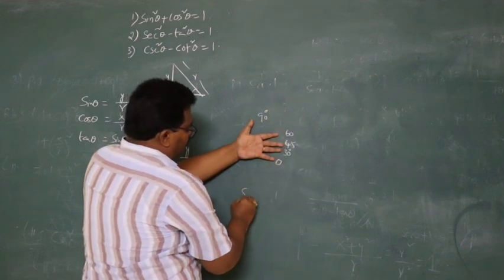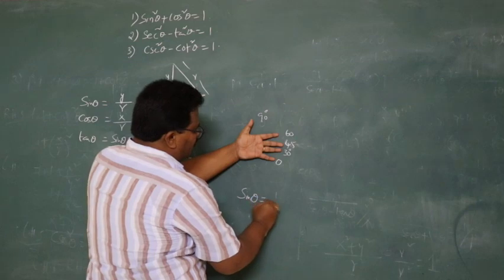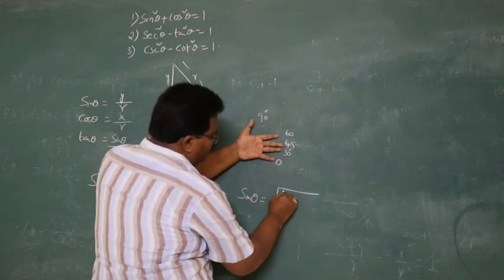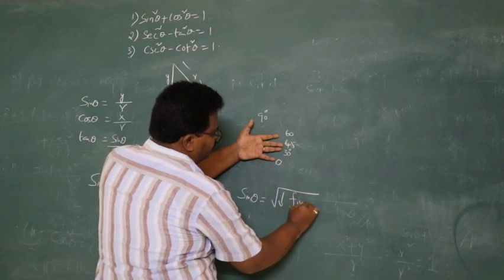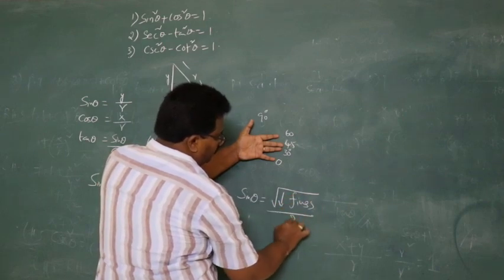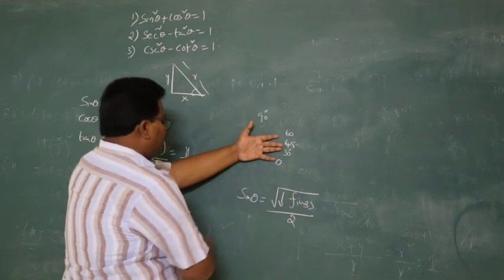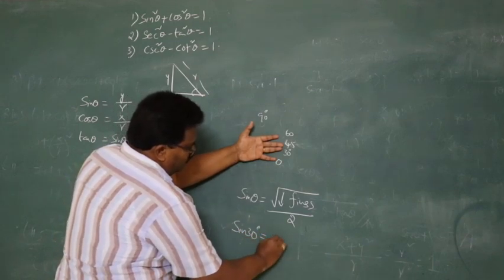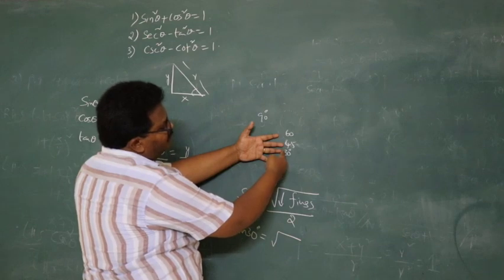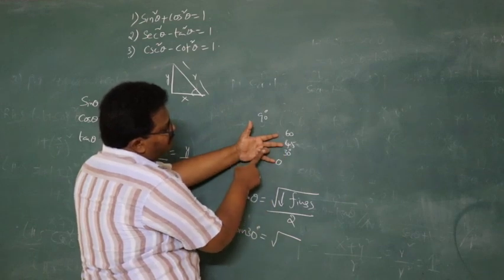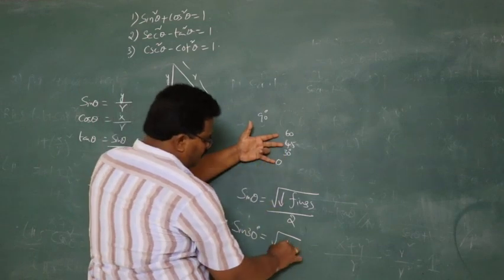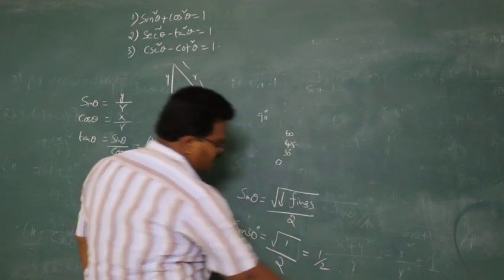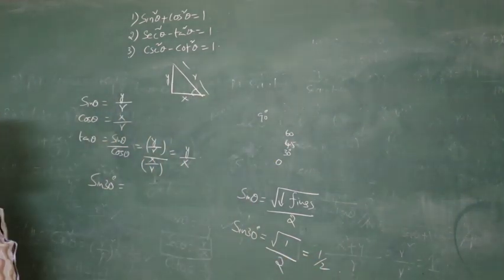For sin theta we have to apply root of the below-side fingers by 2. Now we want to find sin 30. For sin 30, we put this finger like this, the below finger count is 1, that is 1 by 2. So sin 30 is 1 by 2. We have to remember it like this.